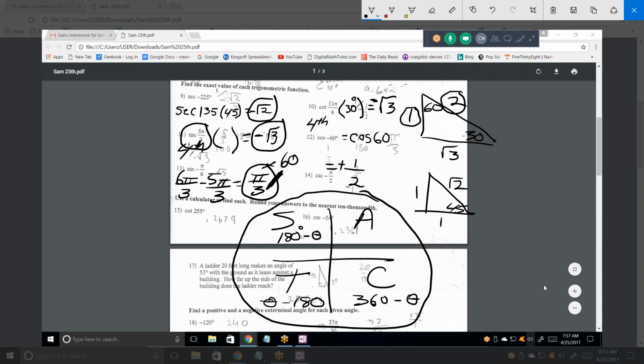But you have to know that. You have to know it's an even function so that the cosine of a negative angle is the same as the cosine of the positive angle. And now that immediately gives you 1/2, but you still have to know that you are in the fourth quadrant. Not really. Cosine of 60 degrees is in the first quadrant. That's plus 1/2, which gives you the same answer.